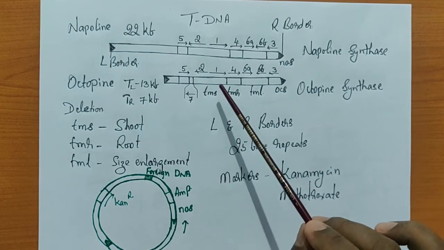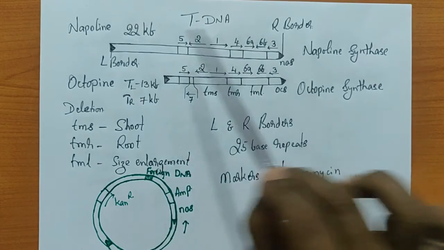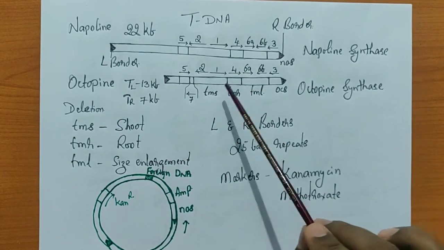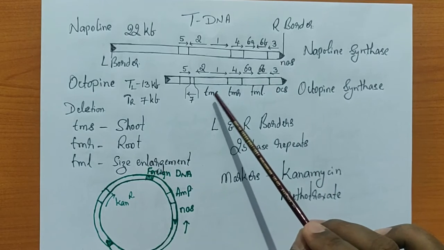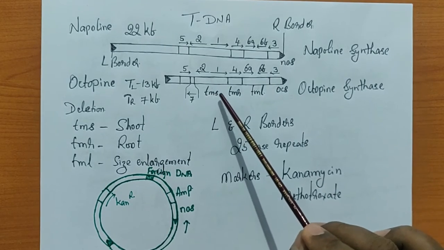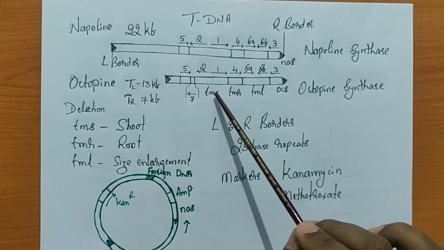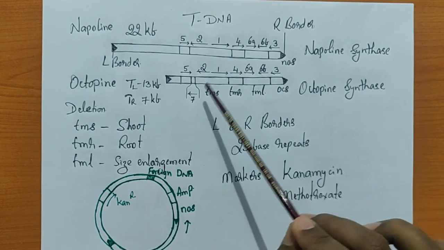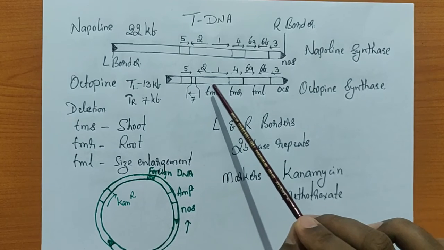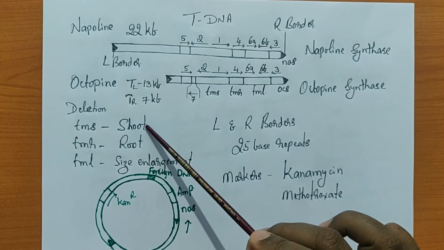So now, for example, they have done a lot of studies of these individual transcripts. Suppose you delete the TMS gene, now what happens? Immediately this particular tumor cell tries to differentiate into a shoot.